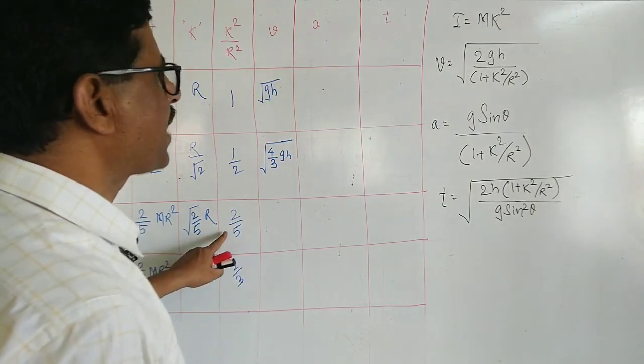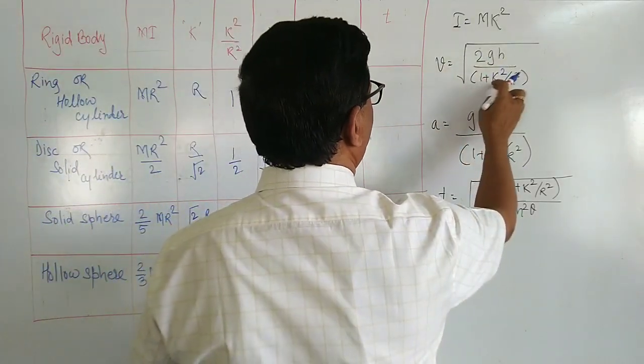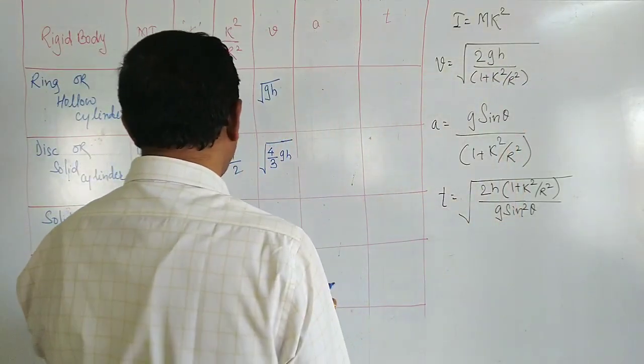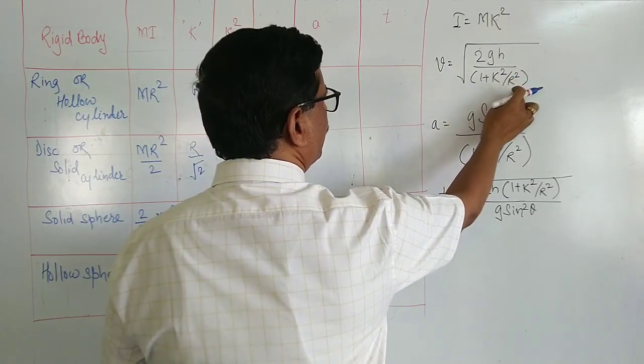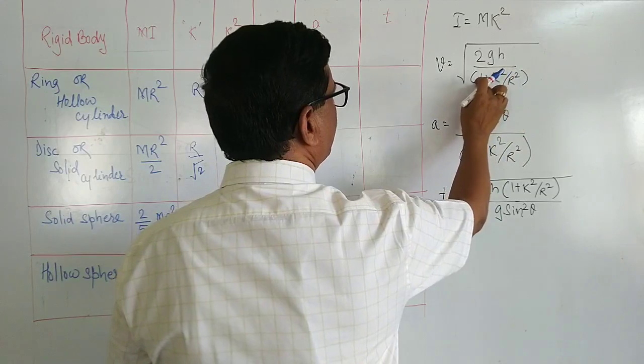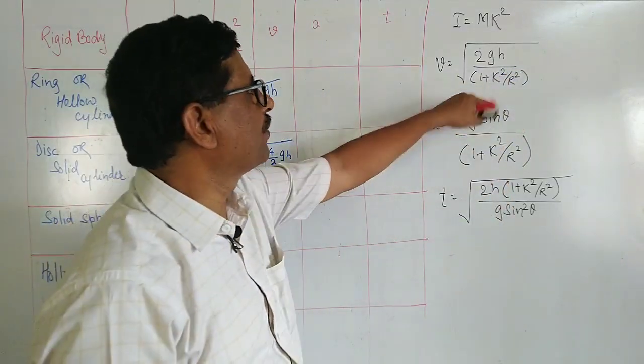In a similar manner, we will get here v = √(2gh / (1 + k²/r²)). k²/r² is 2/5. That is 5 in LCM. 5 plus 2, 7. 7/5. And 5 will go in the numerator.